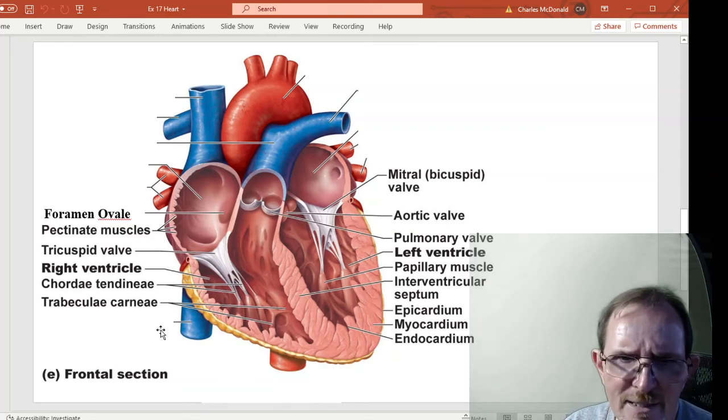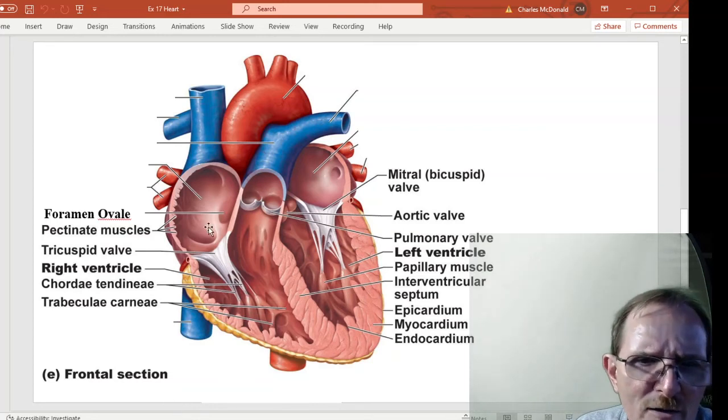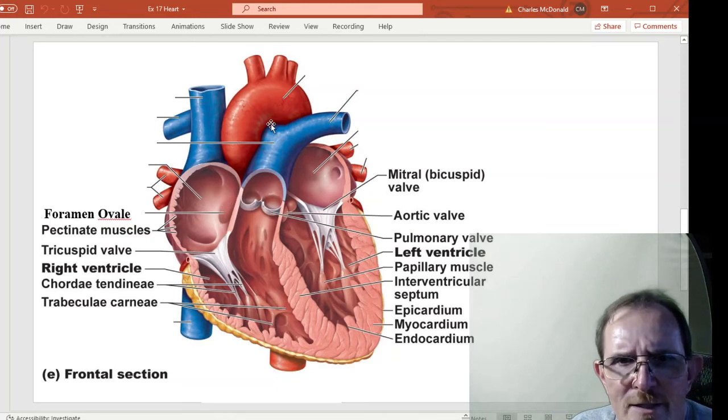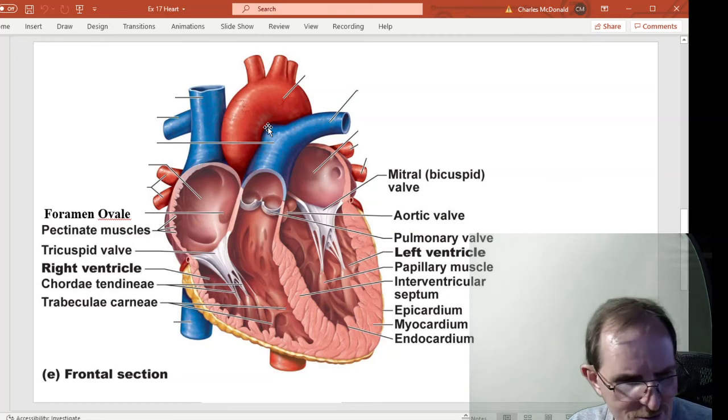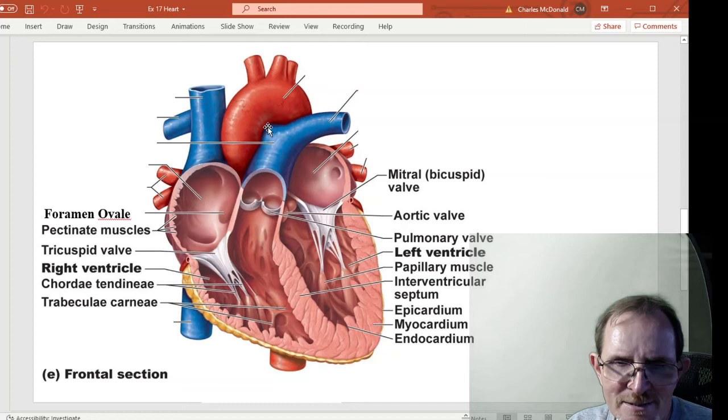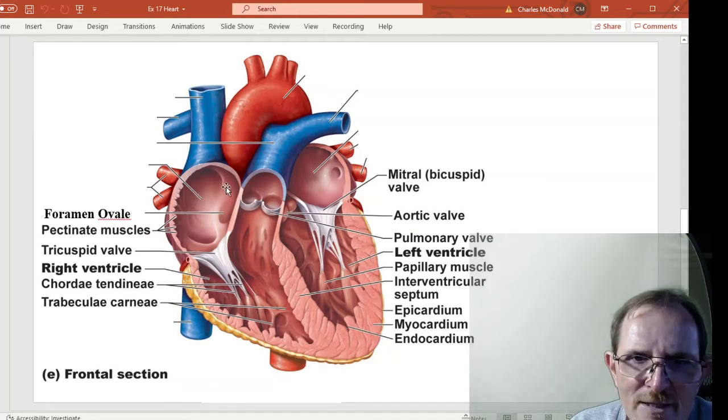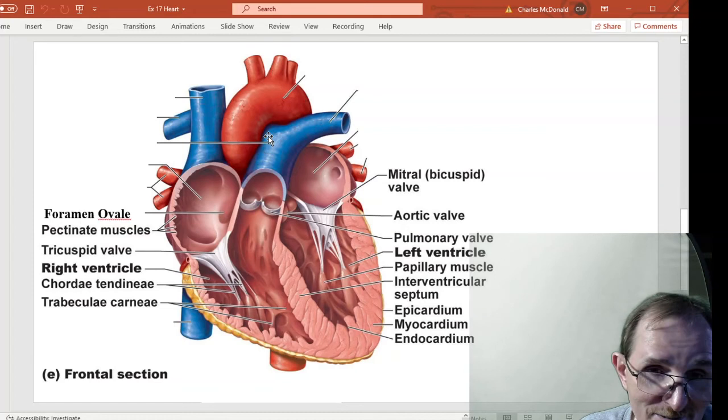Okay, the last thing is the foramen ovale. It's right here. Remember I told you about the ductus arteriosus, which is also called a ligamentum arteriosum. Before people are born, the blood between the arteries and the veins connects.